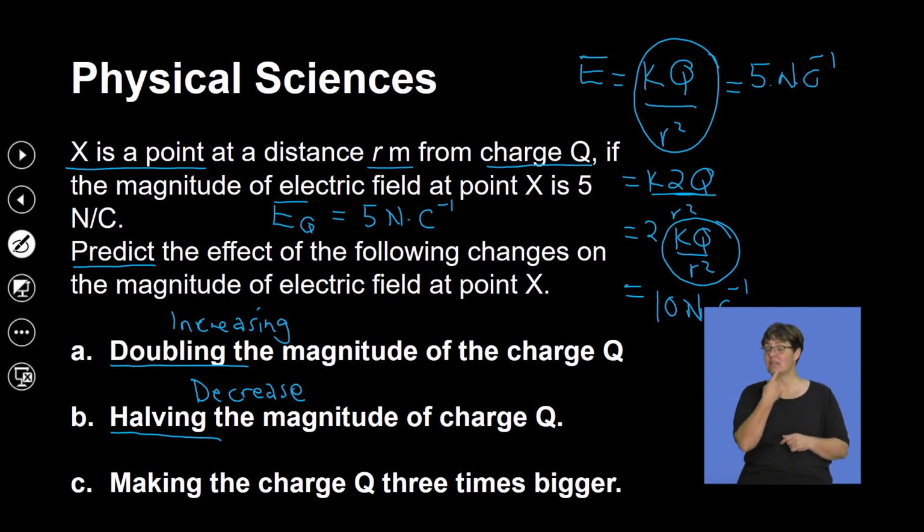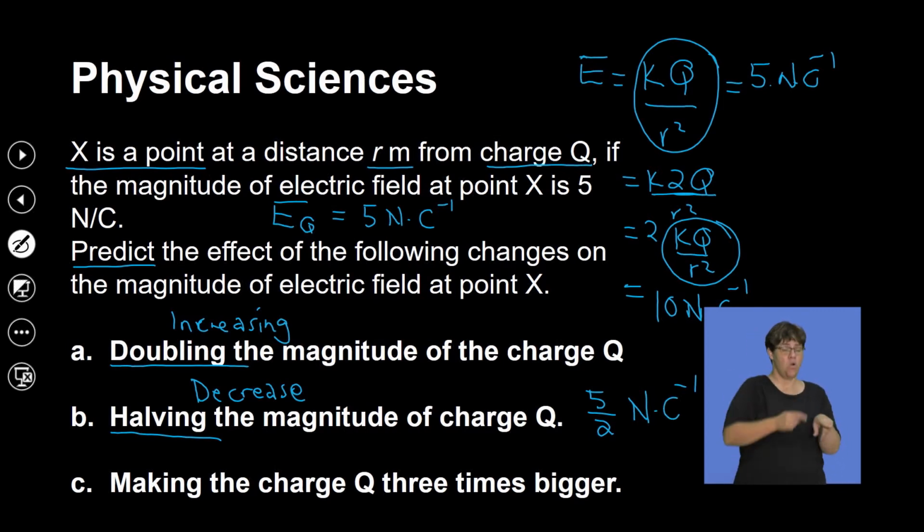And then C says, making the charge Q 3 times as big, okay? Now, if it's 3 times as big, it means E will also be 3 times 5. So here, halving is going to be what? Half the original one, which is going to be 2.5 or 5 over 2 newtons per coulomb, okay? You don't need a calculator for that, okay? And then making it 3 times as big is going to be 3 multiplied by 5 newtons per coulomb, right?